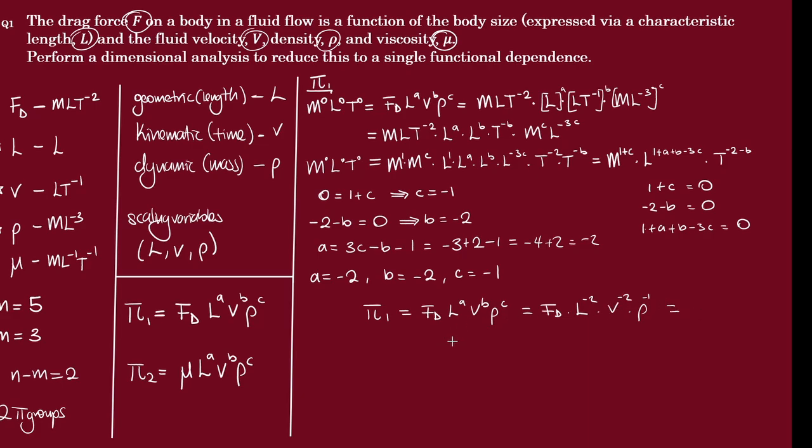If we simplify this, pi 1 is going to be f of d, which is the drag force, over rho l squared v squared. And we've successfully evaluated our first pi term. Okay, so remember, the steps are simple.